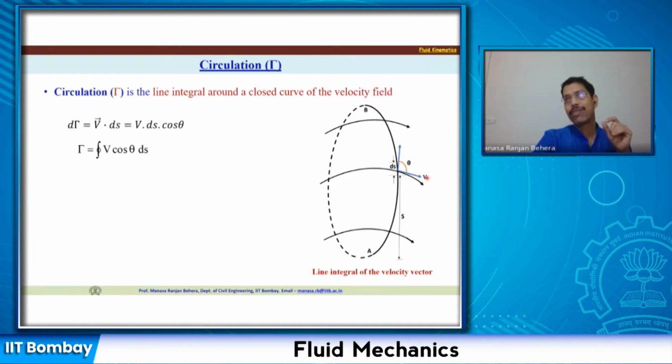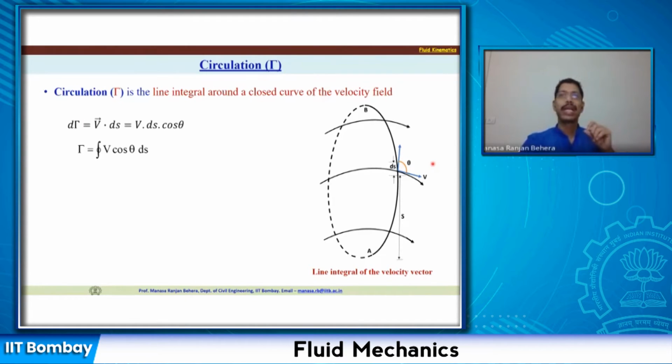So this is my velocity vector v, and if I have drawn this line which is going to form the closed curve, the tangent to this segment is, let us say, this. The angle between the velocity v and ds is theta.